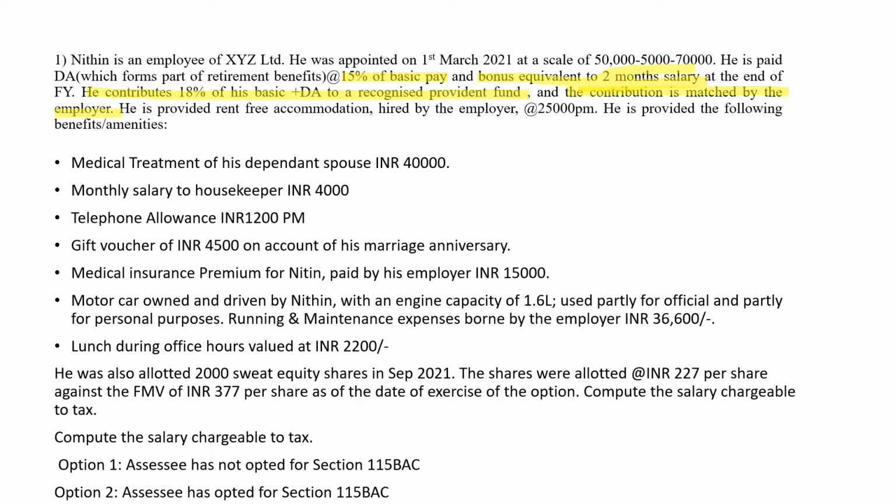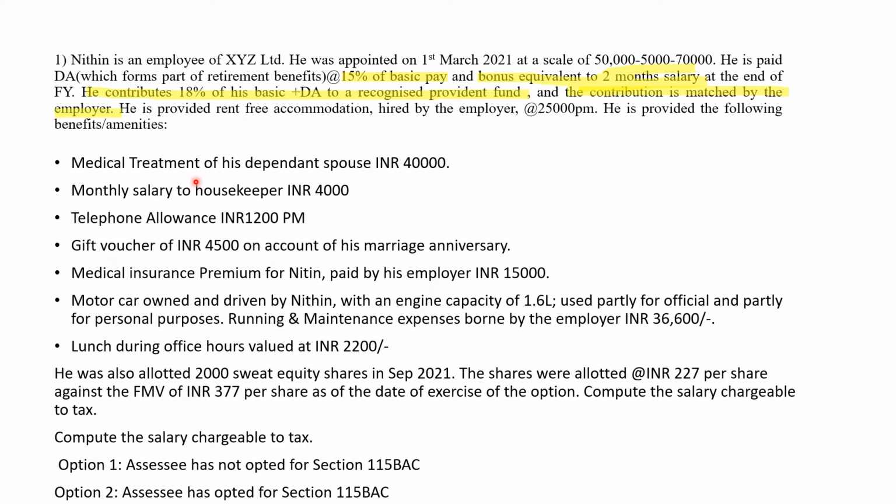Next, he is provided with the following benefits. Now let's see what they are. The company is giving medical treatment for his dependent spouse, 40,000 rupees, and monthly salary to the housekeeper is 4,000 rupees. Then telephone allowance is 1,200 per month. Gift voucher is rupees 4,500 on account of his marriage anniversary. Then medical insurance premium for Nitin paid by his employer for rupees 15,000.